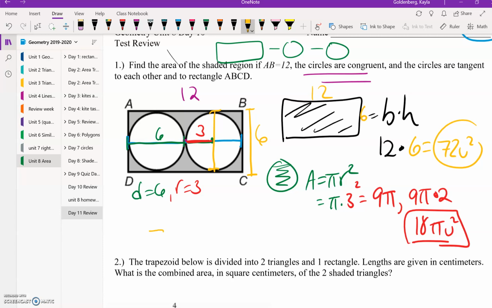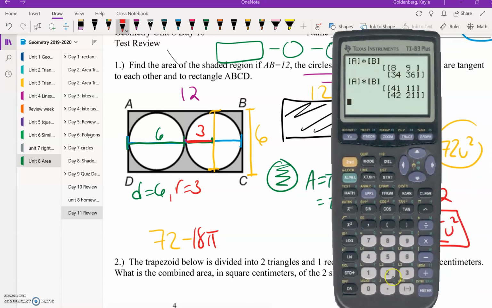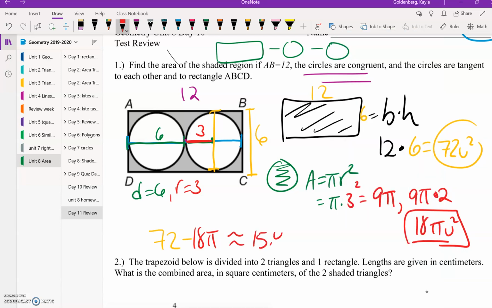To get my shaded region, it's going to be 72 take away 18 pi. That's the exact answer if you want to write it that way. If you would like a decimal answer, you can do 72 minus 18 times pi, and it looks like it's about 15.45 units squared.